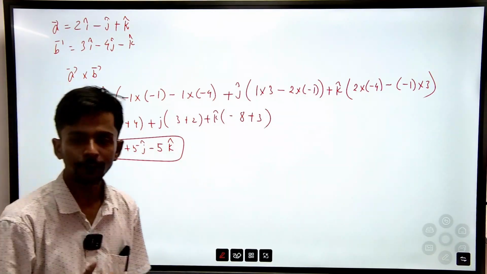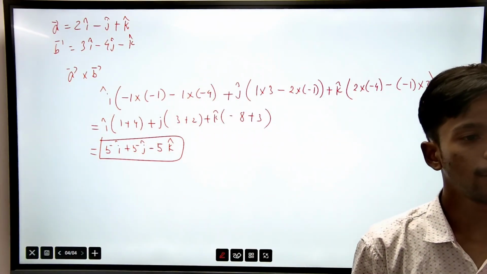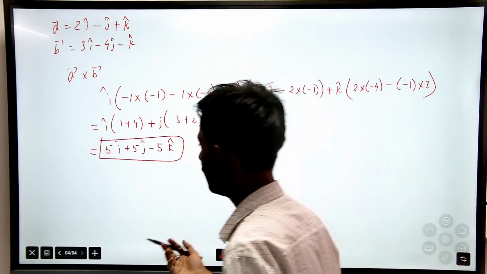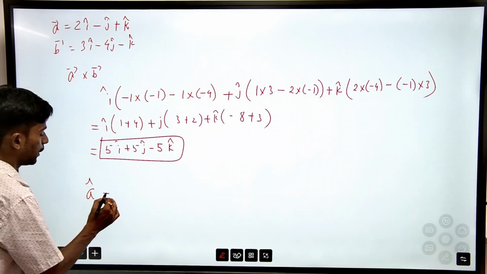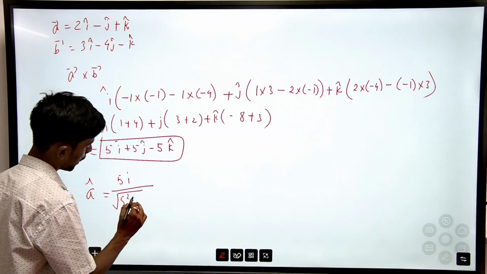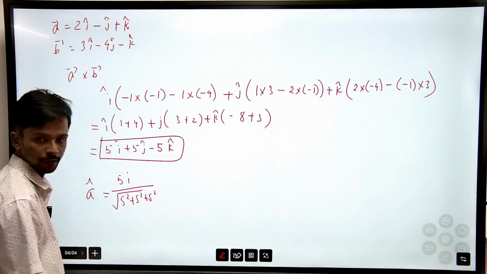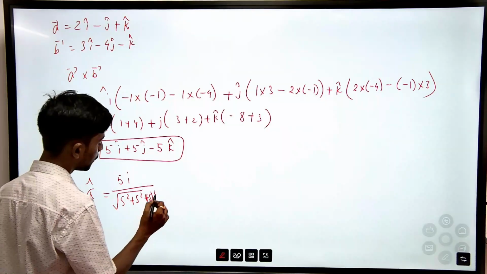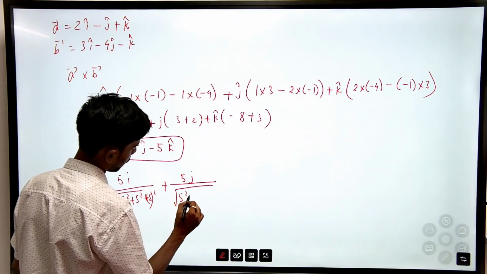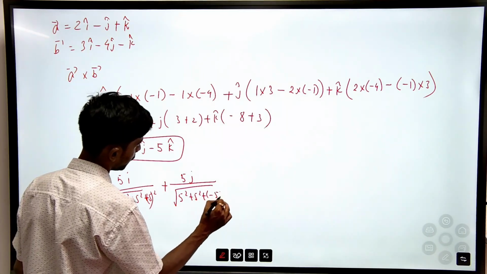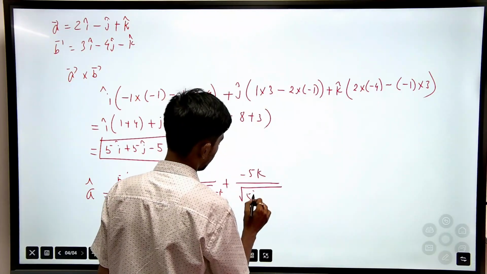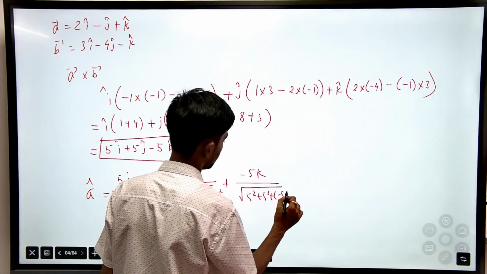Now do you remember how to find the unit vector for a vector? What was the formula? Vector A divided by magnitude of vector A. You are getting the unit vector. So if this is a vector, then you have to find the unit vector A. That will be 5i divided by root of 5 square plus 5 square plus minus 5 square, same thing only, plus 5j by the same, and minus 5k divided by the same.